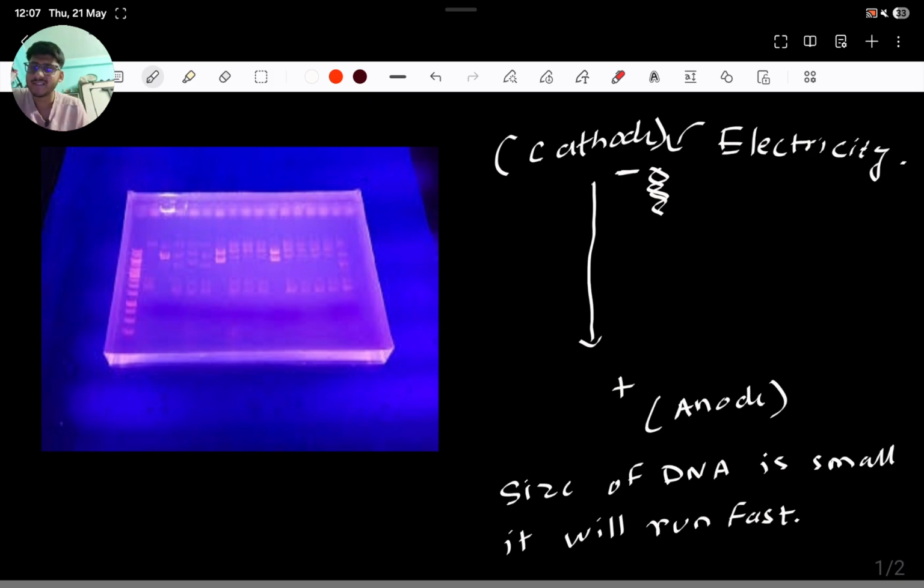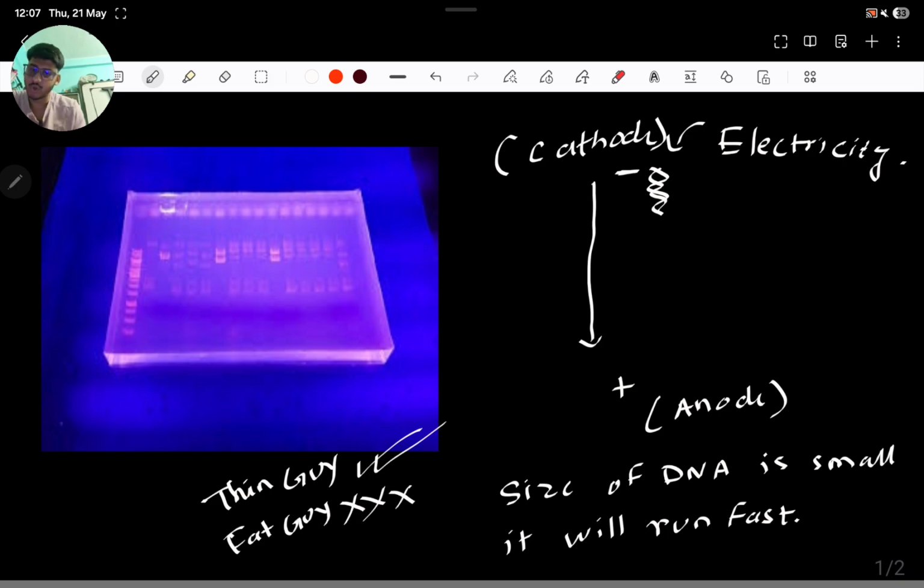Who will run fast? Obviously the thin guy will be the winner, and the fat guy will lose. Why? The reason is its weight. Similarly, if the DNA is small, the DNA will run fast in the gel as compared to a heavy DNA molecule.